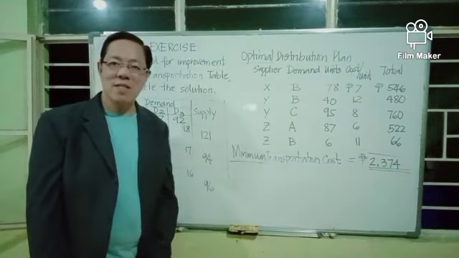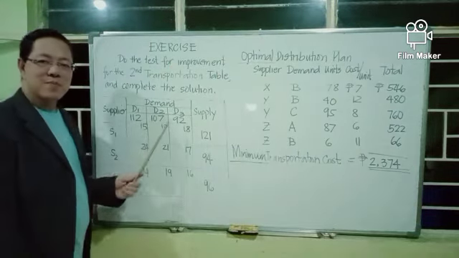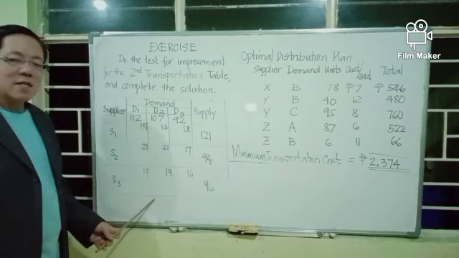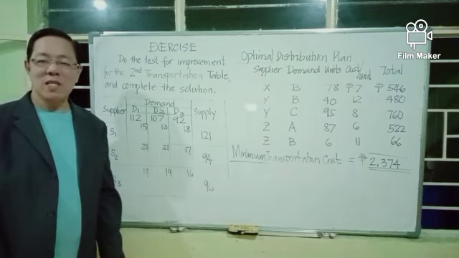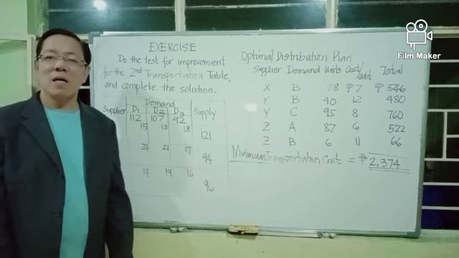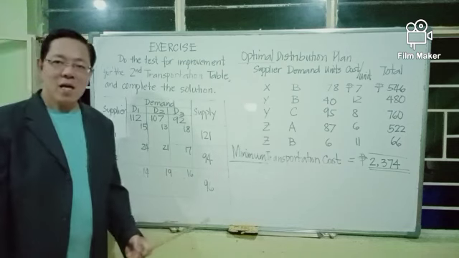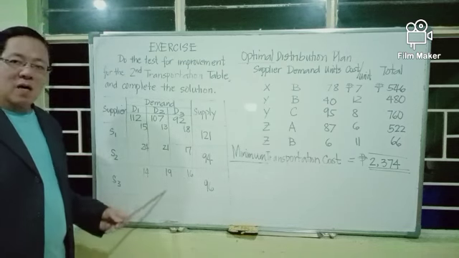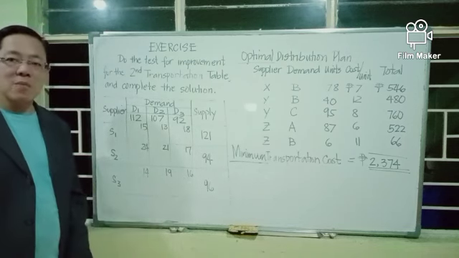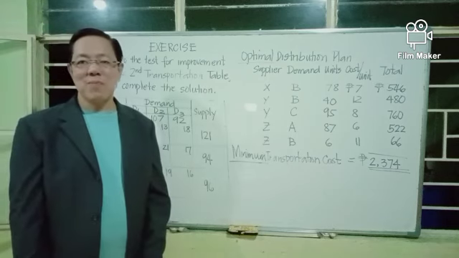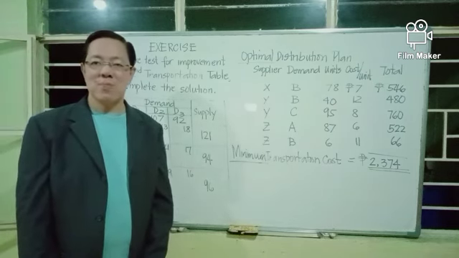For your practice, consider again this exercise. This exercise, I have already given to you in the preceding two lessons. In the first exercise, in which you have the same transportation table given, I asked you to develop the initial transportation plan.